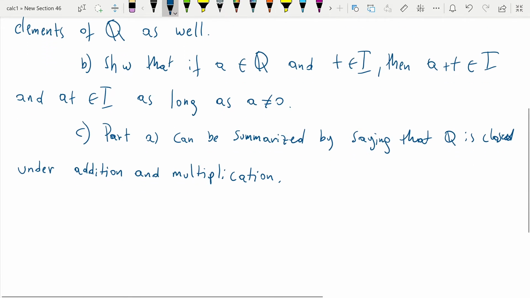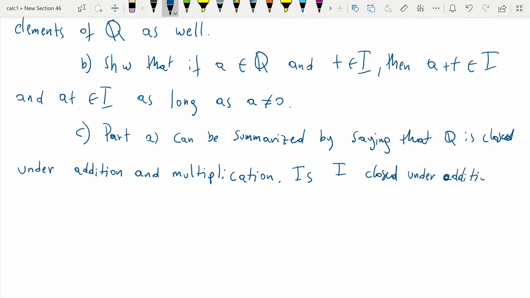Can we say the same thing about the irrational numbers?